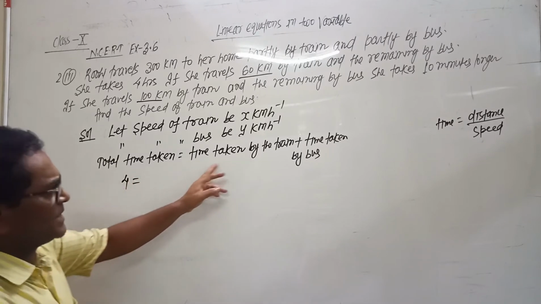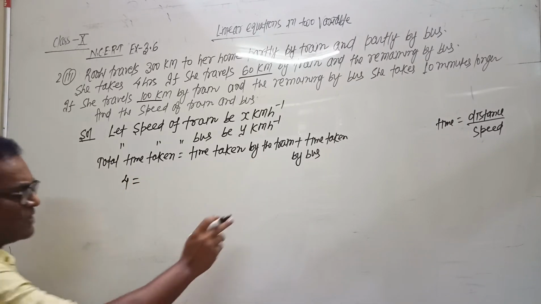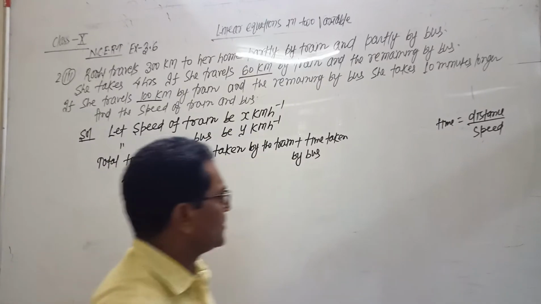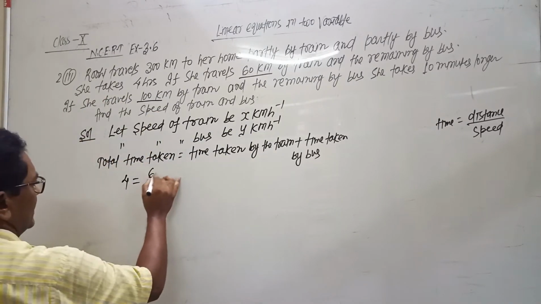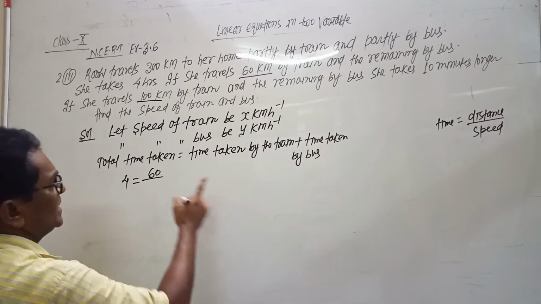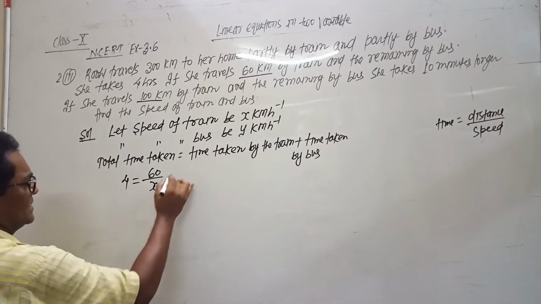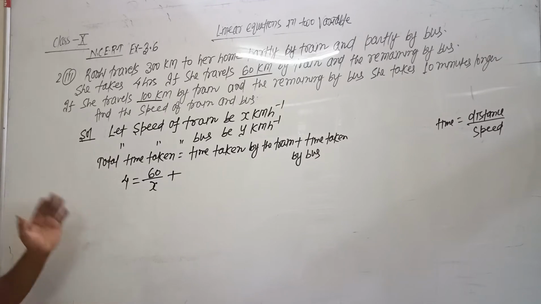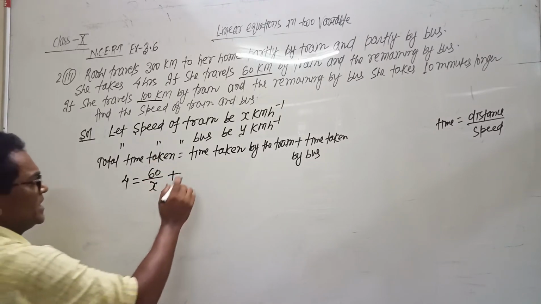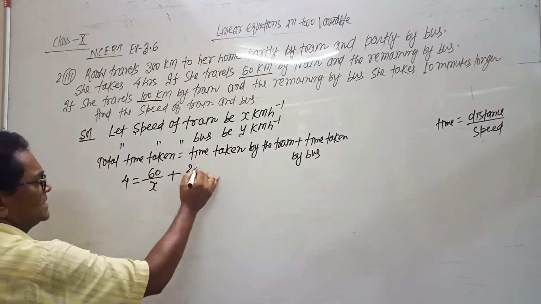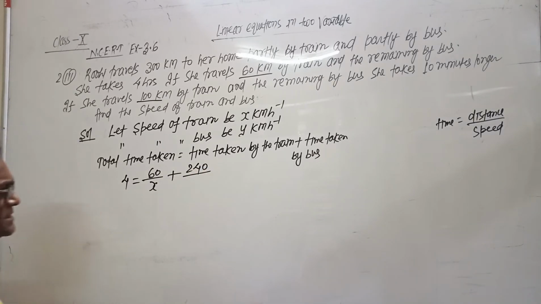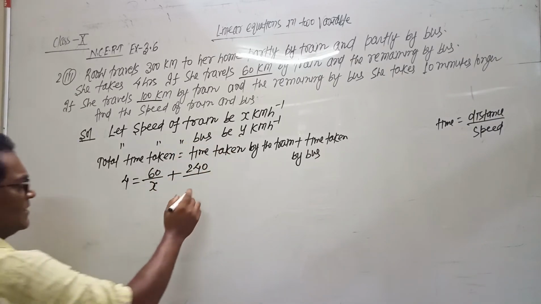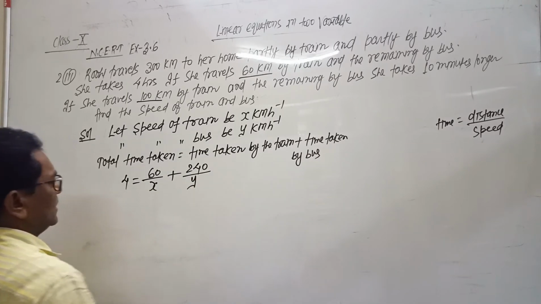The formula for time is distance upon speed. The distance covered by the train is 60 km, and the speed of the train is x, plus the rest of the distance, which is 240 km, 300 minus 60. This distance is travelled by the bus, and the speed of the bus is y kilometers per hour.